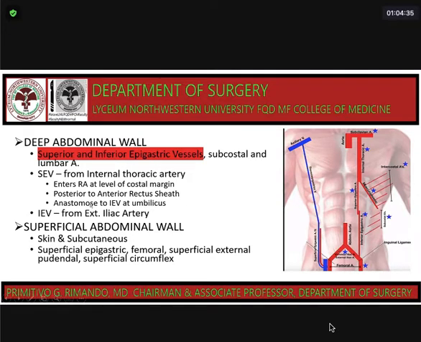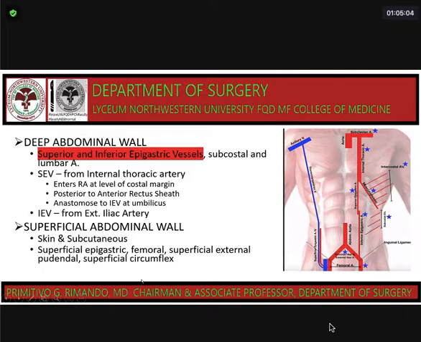Your inferior epigastric vessels come from your external iliac arteries. From the aorta, it branches off to your internal and external iliac arteries. The external iliac artery now gives off your inferior epigastric vessel. So that is the deep abdominal wall supply.